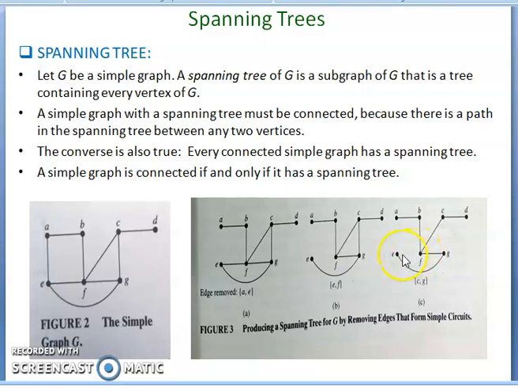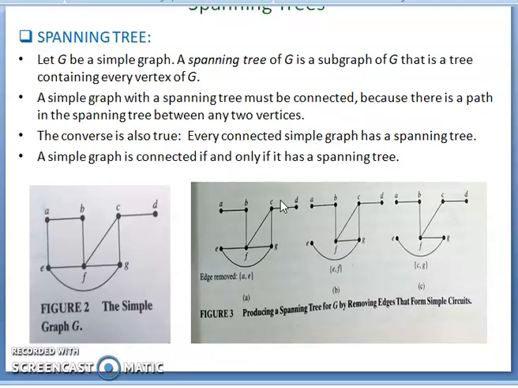So another alternative spanning tree is to remove this and keep this particular edge. That is one spanning tree. Or keep this edge and remove this one. That is one more spanning tree. Like that, there are several different spanning trees for a graph G. This is a spanning tree, but this is not a minimum spanning tree.